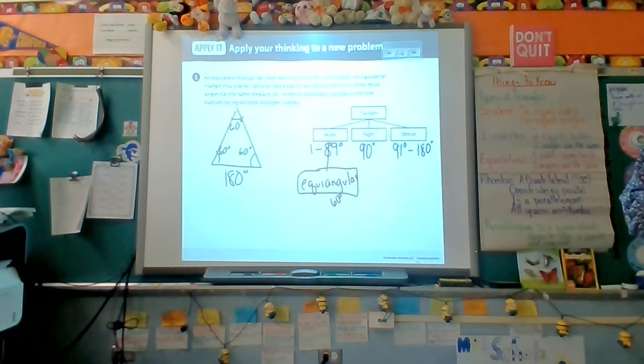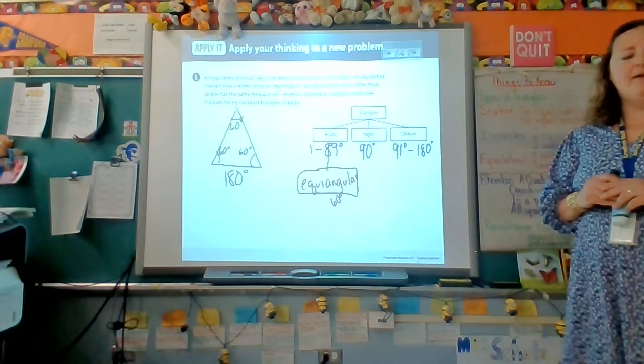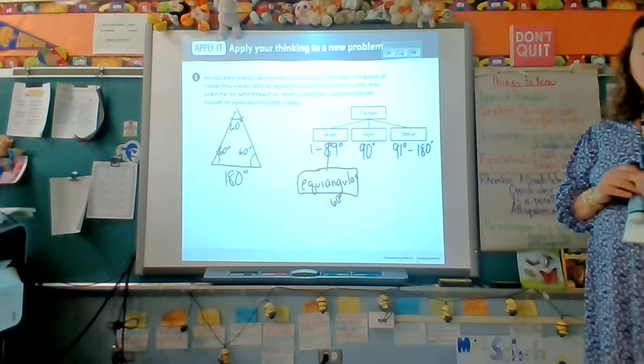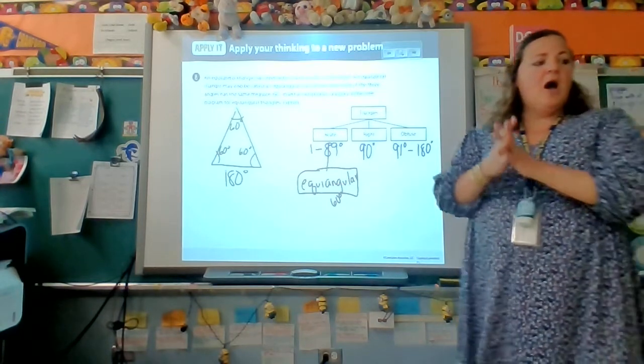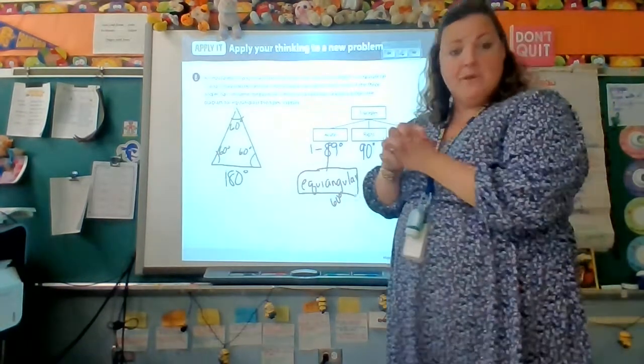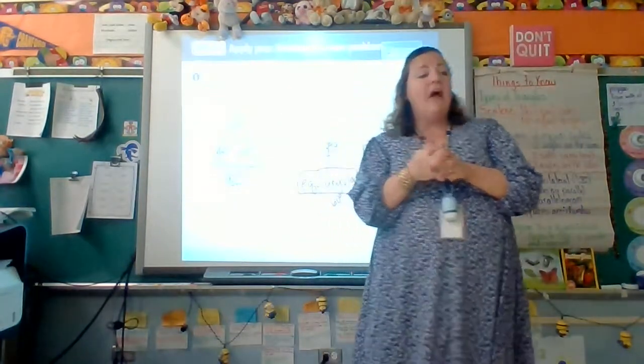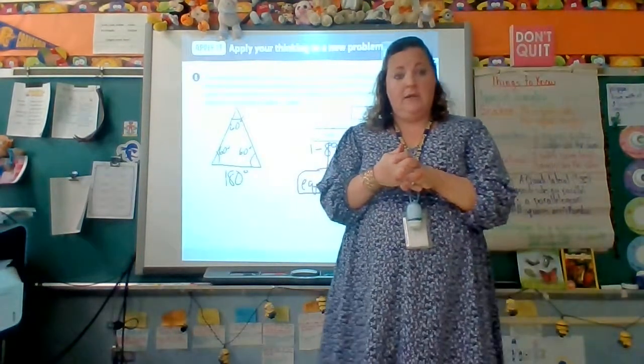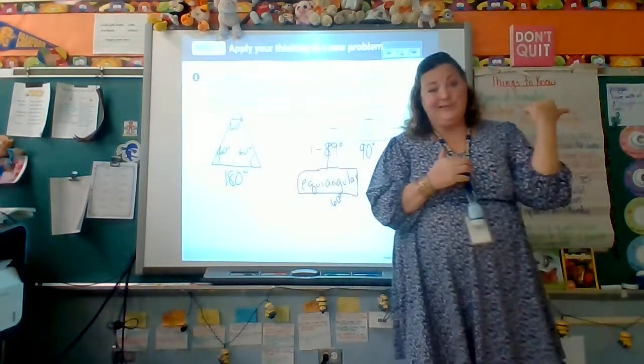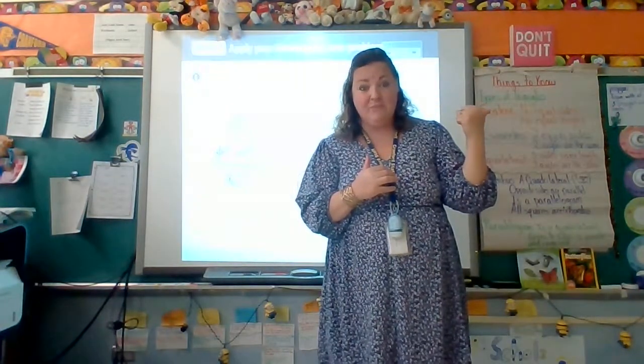Okay. So tonight, what you're going to do for me is you're going to make a tree diagram of polygons. And I'm going to tell you right now that one shape is going to be ousted. It's going to be all by itself in the tree diagram.